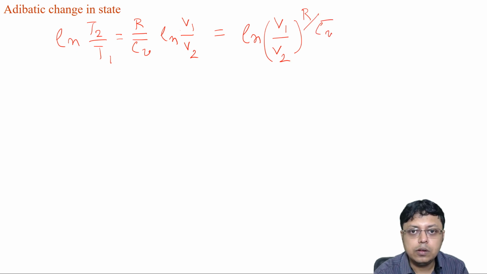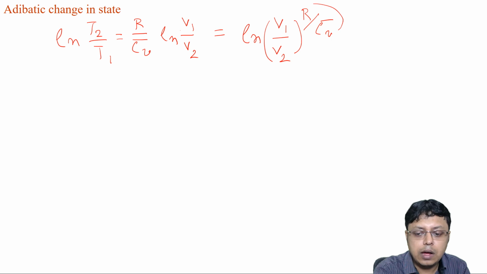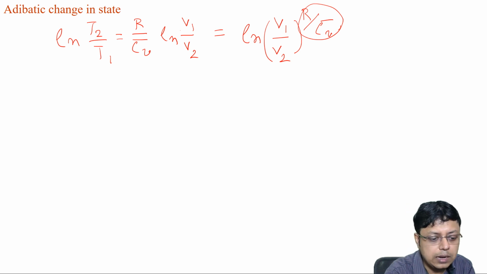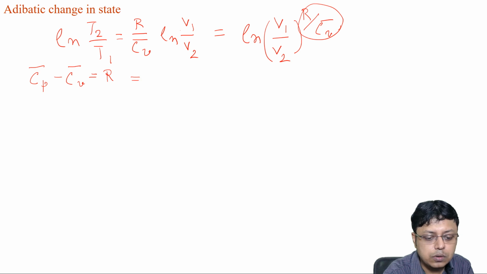Now we have to figure out this value of R divided by Cv bar. Since we are using an ideal gas, we know that the difference between the molar heat capacities for an ideal gas is nothing but R, the molar gas constant. So we can easily figure out what R by Cv bar is.